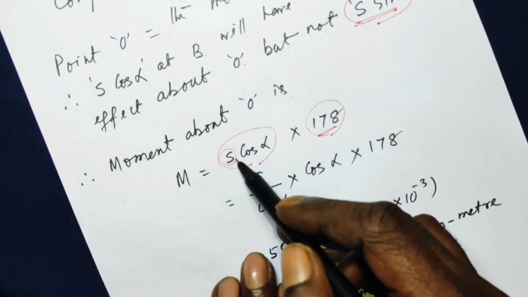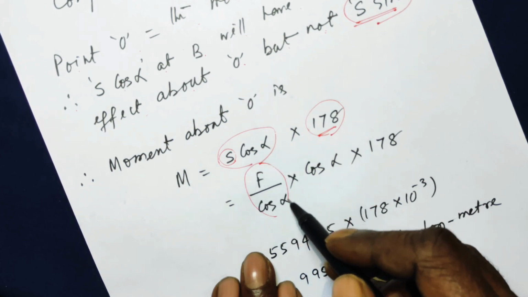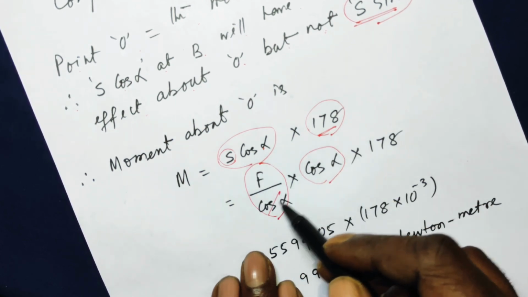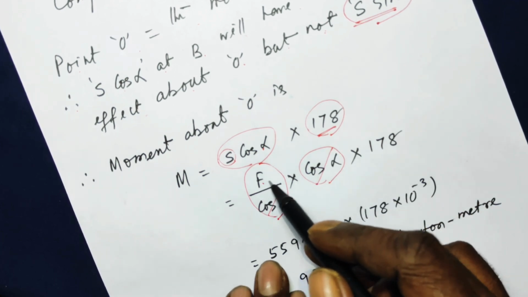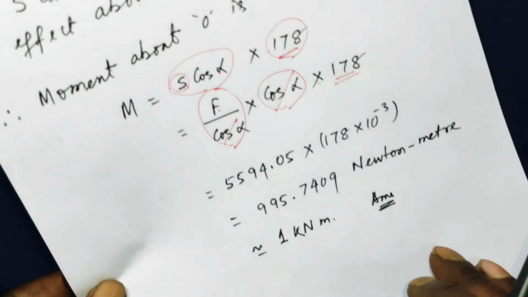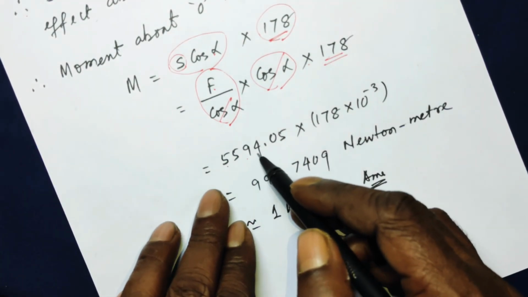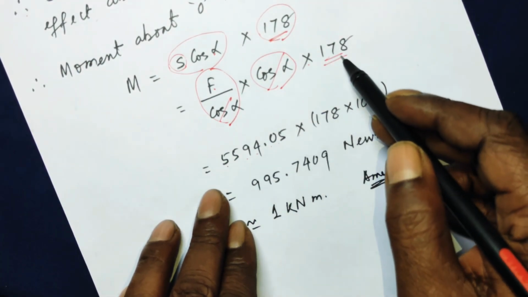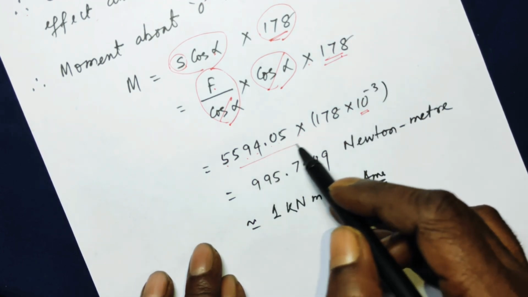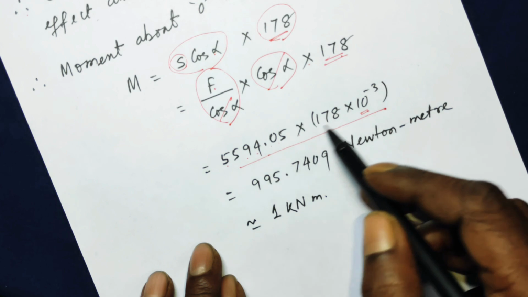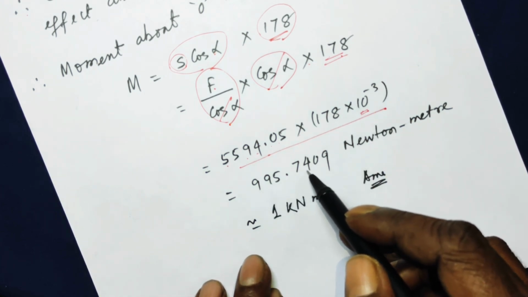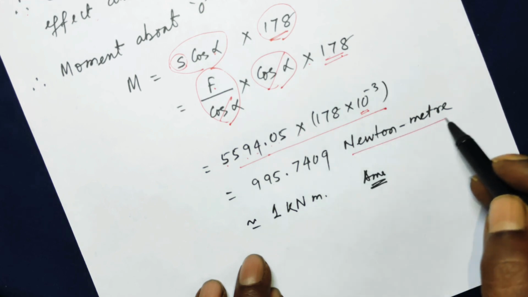So for S, which I calculated as F over cos alpha, this cos alpha cancels. So F times 178, and F was already calculated as 5594.05, 178 millimeter. I convert that to meter, so all these are now in SI units. If you multiply with a scientific calculator, this comes out to be 995.7409 Newton meter.